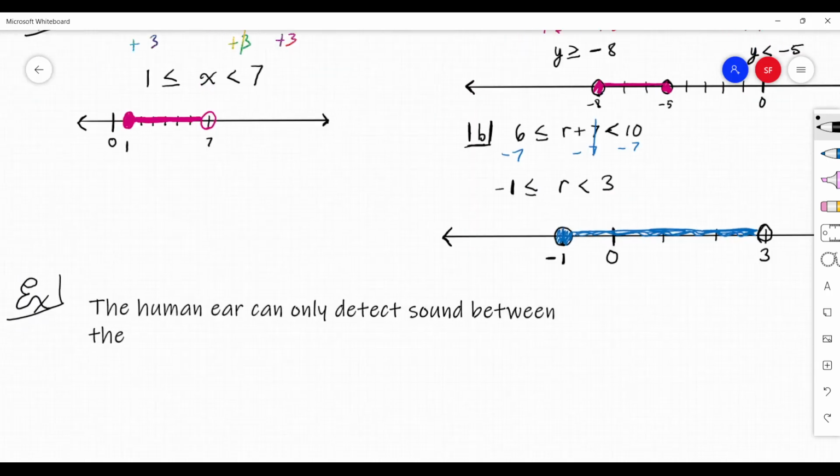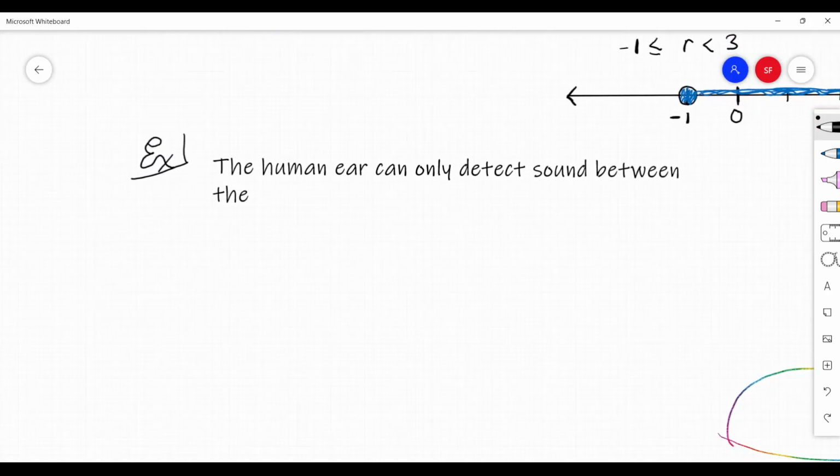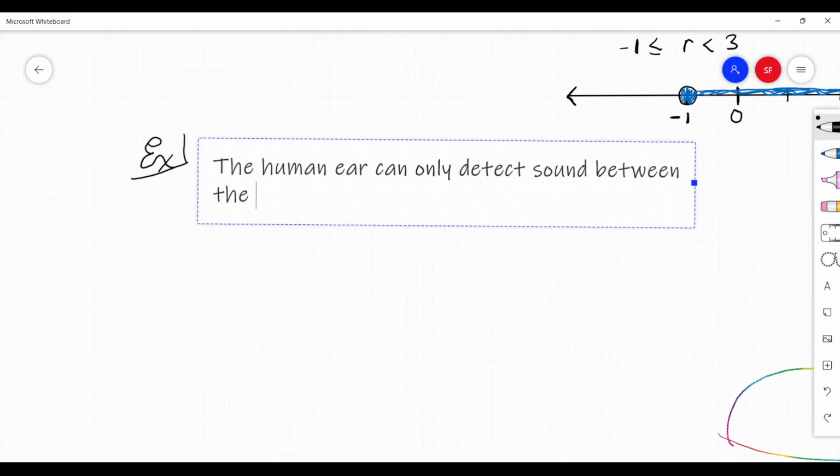Good. Okay, we're going to do a word problem example. The human ear can only detect sound between the frequencies of 20 hertz and 20,000 hertz.